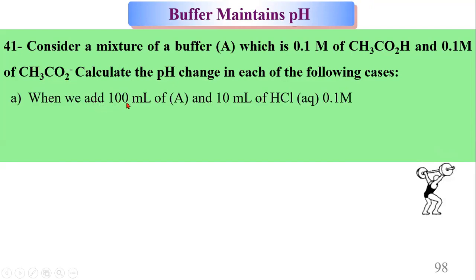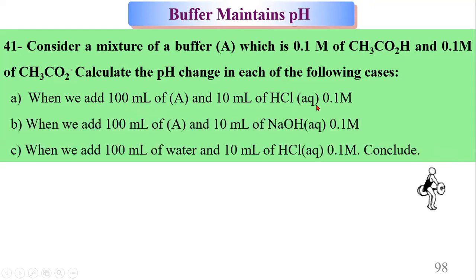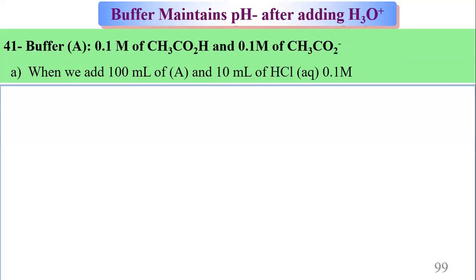What happens when we add 100 milliliters of A, which they called this buffer A, and 10 milliliters of HCl? So literally, we're adding to the buffer 10 milliliters of HCl. And there's also part B and part C, which we're going to look into.